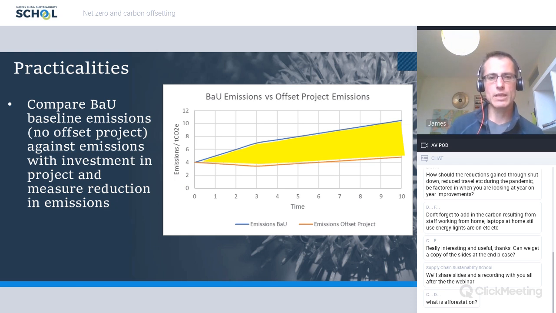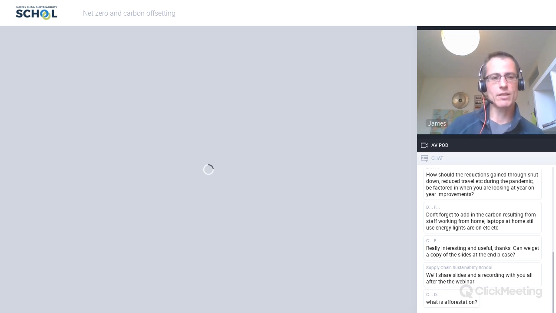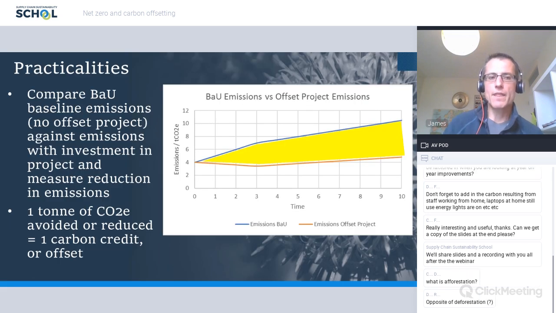That's what the yellow shape there is in the graph, how they can actually calculate what those reductions are. And then for every ton of carbon dioxide avoided or reduced, it equates to one carbon credit or one carbon offset in the language of offsetting.